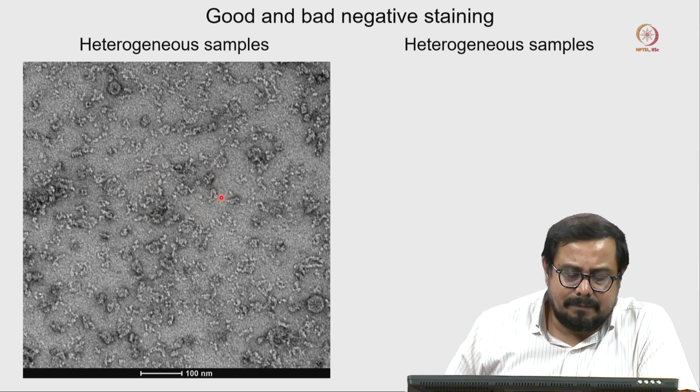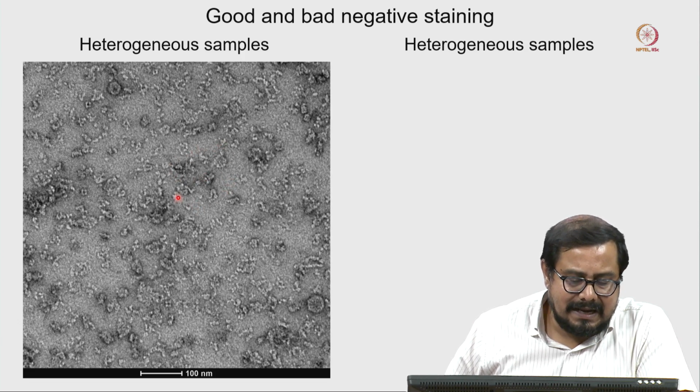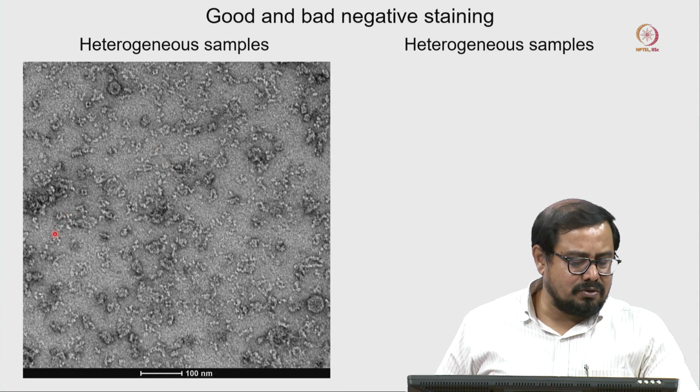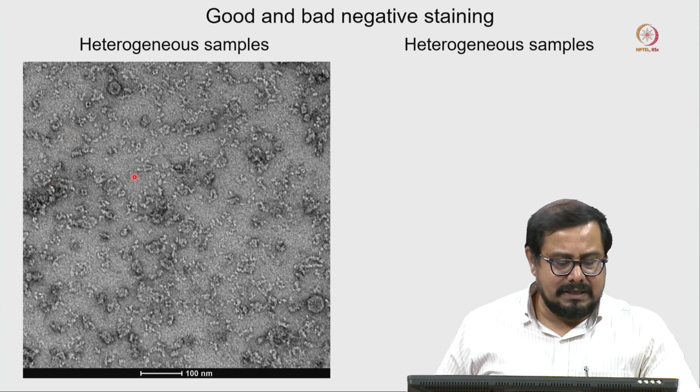You can see the white background, and the surrounding area has a black stain, and the protein samples are embedded everywhere, where you can easily distinguish them within this black stain area.